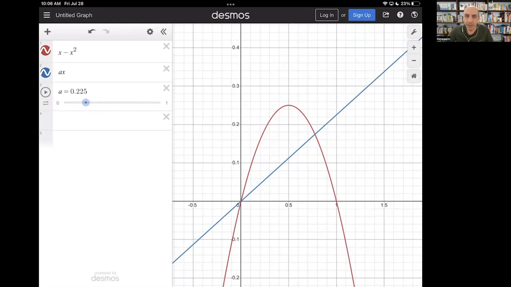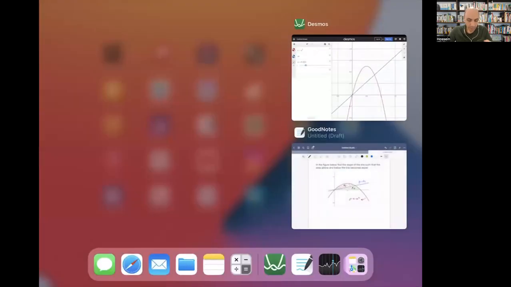It seems, at least to me, they're equal. So as you can see, the slope in this case is 0.225. So we wanted to basically calculate the slope of the line using the integral concept. So let's go back to the notes and start solving the problem.